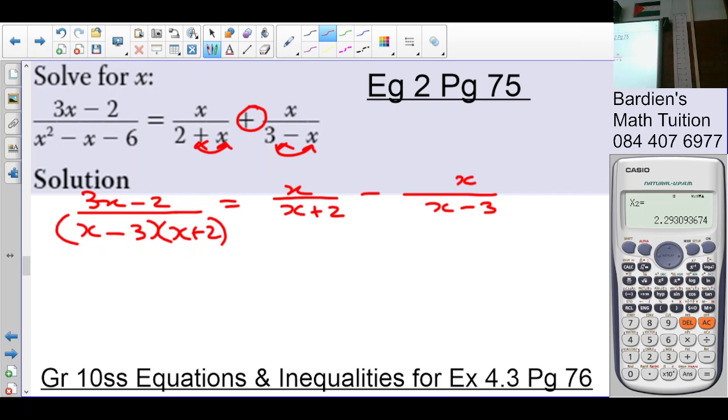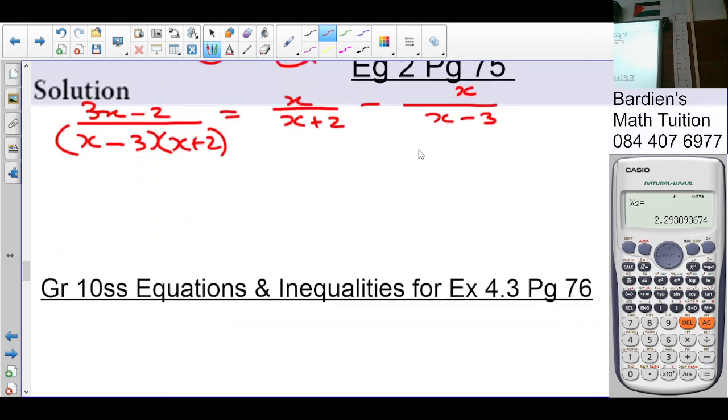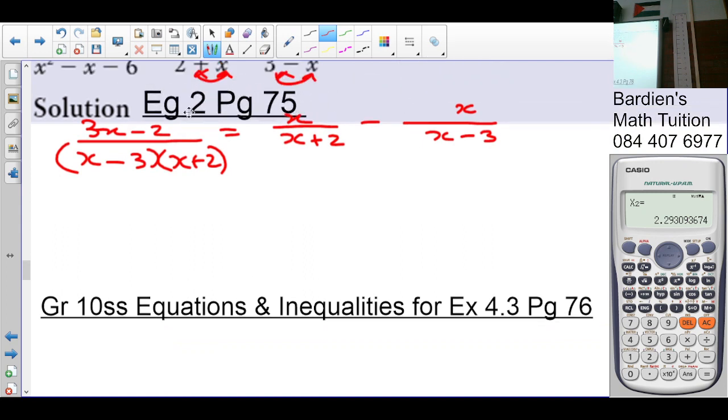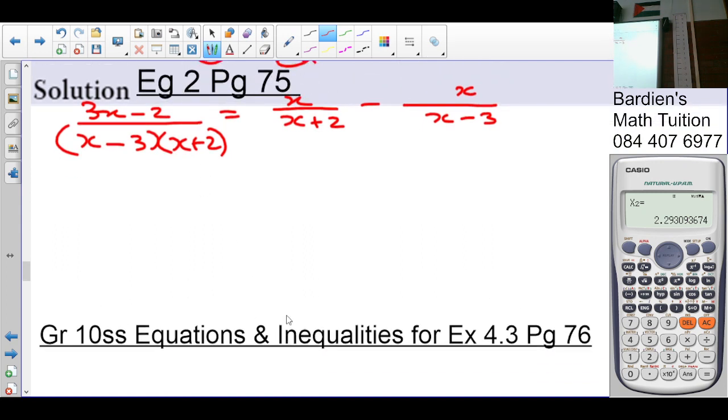Okay. You all understand? People, what's my LCM here now? x minus 3, x plus 2, which is this denominator here. Not so? But is the x plus 2 accounted for? Yes. Is the x minus 3 accounted for?